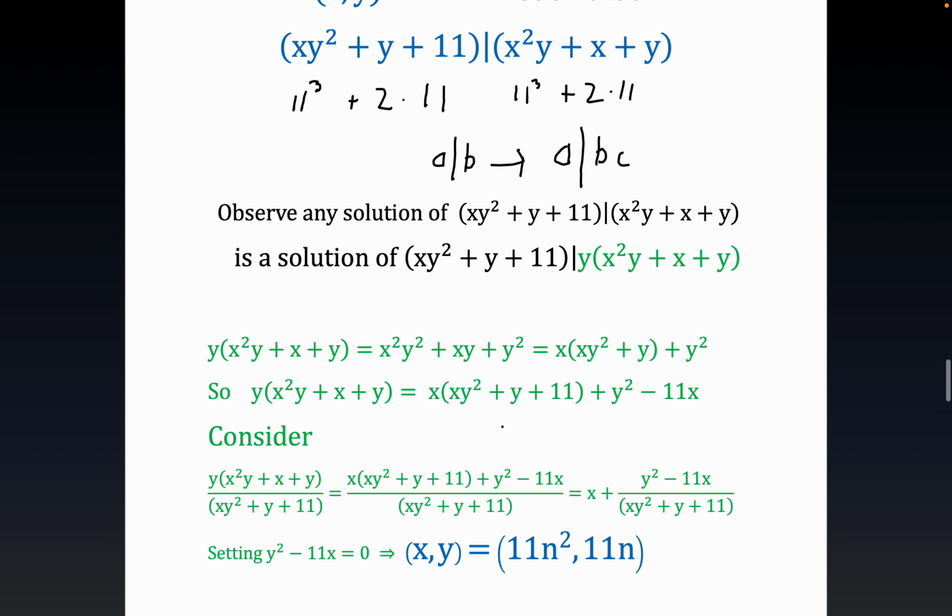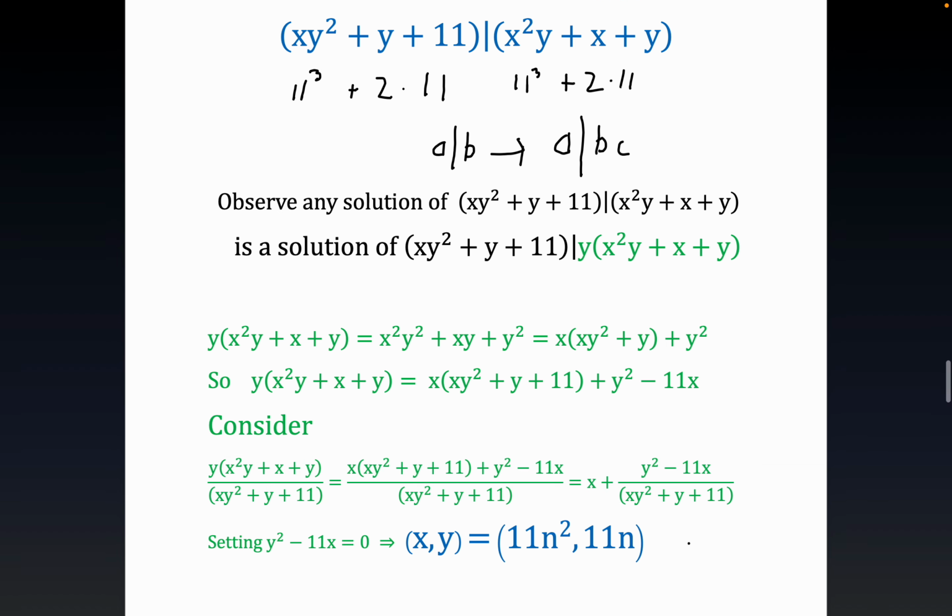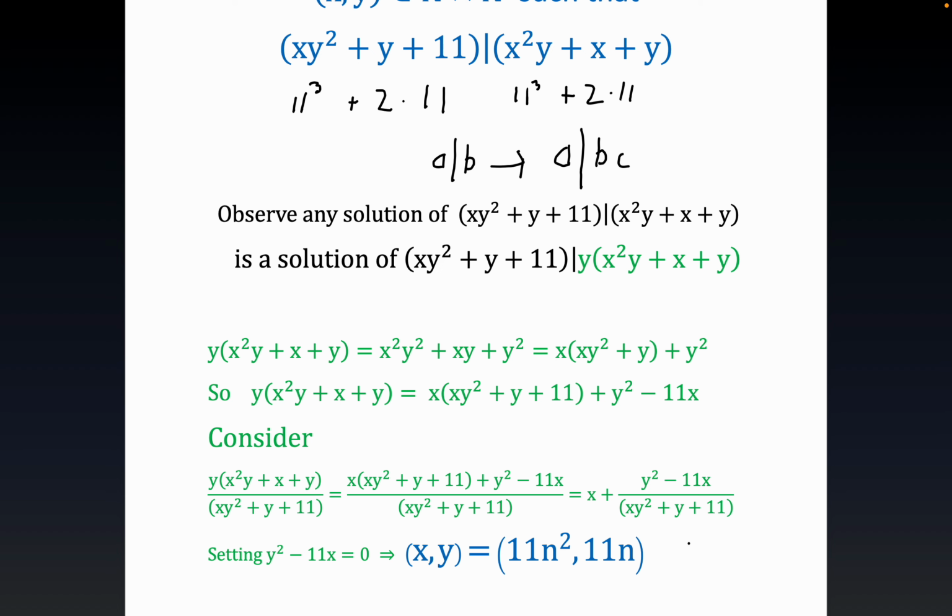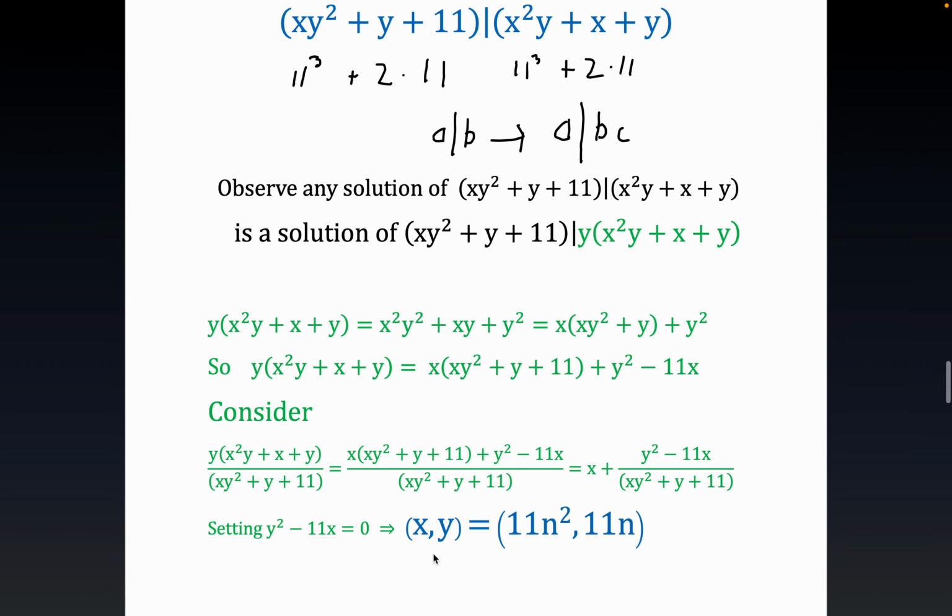Once you go through all the algebra, our original expression written as a fraction can be written like this. You get a common factor here of xy squared plus y plus 11. And so you get this expression. So one way to show there's an infinite number of solutions is just to set this numerator equal to 0. It's very clear that (11n squared, 11n) are solutions to this just by looking at it.